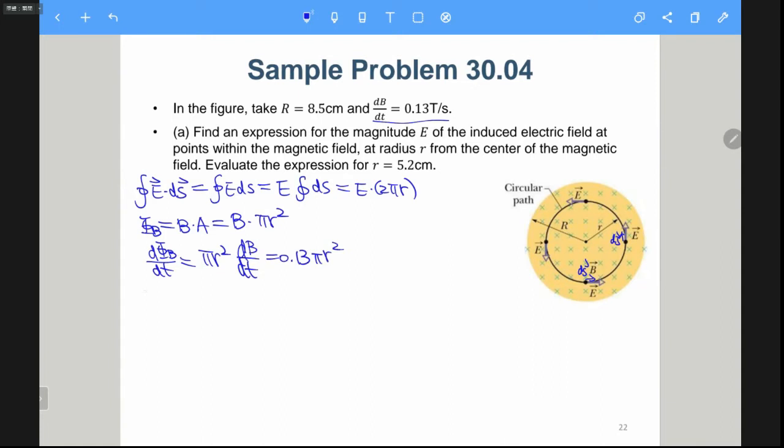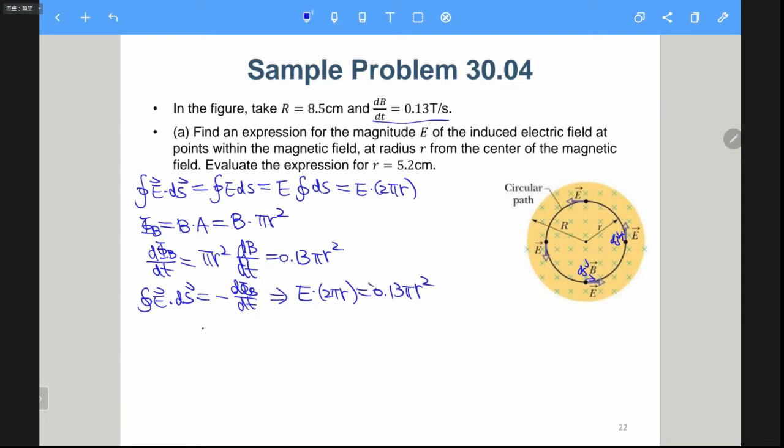According to Faraday's law, we have the integration of E dot ds equals negative d phi b dt. So we have E times 2 pi r equals negative 0.13 pi r squared.